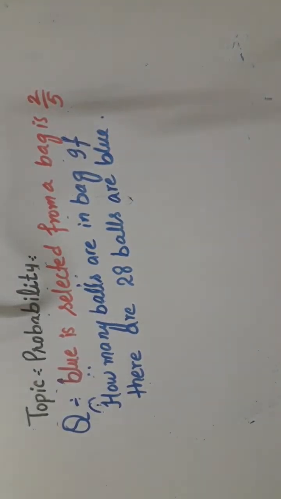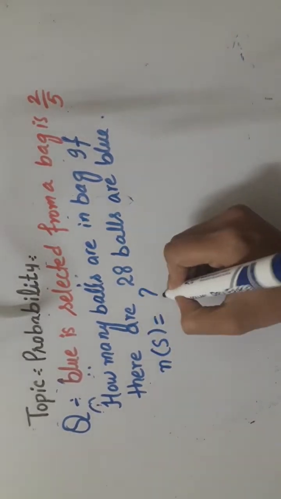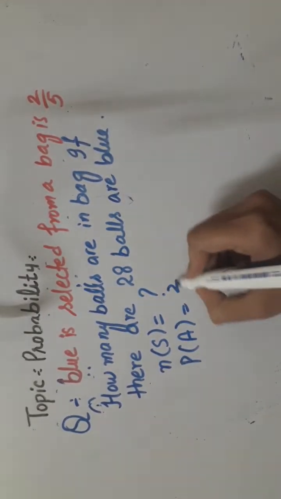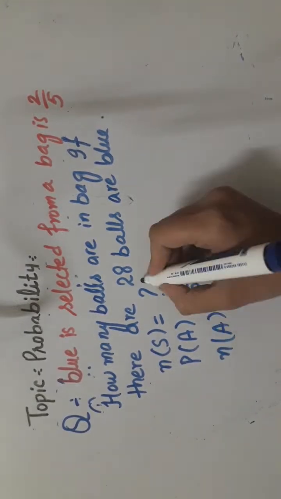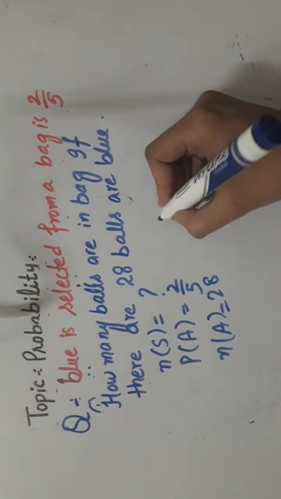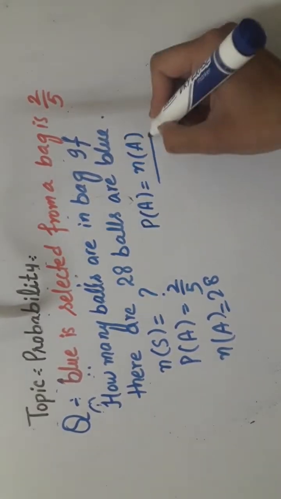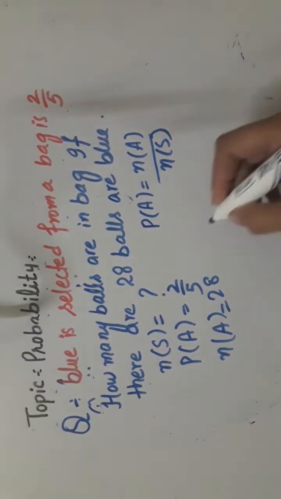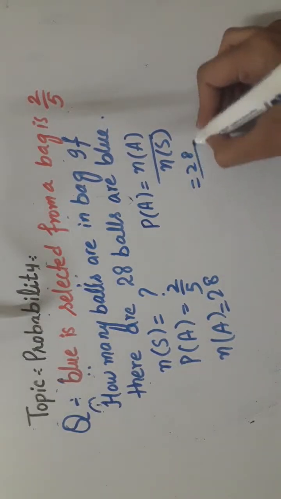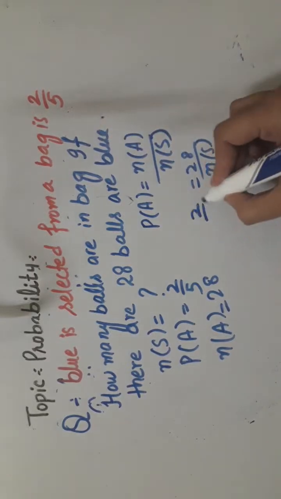So we will use the formula to find this. First of all, N of S you have to find, and probability of the event A is 2 by 5, and N of A is also given, that 28 balls are blue. So probability can be written as N of A by N of S. N of A is equal to 28, N of S you have to find, and probability is given by 2 by 5.